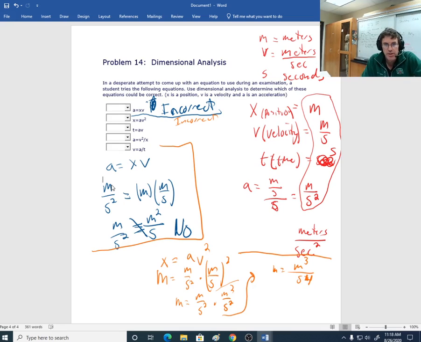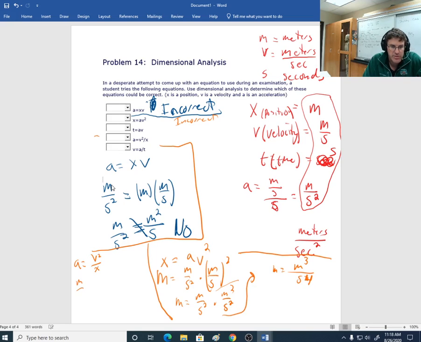And let's look at the fourth one, and we will do it right here. a equals v squared over x.